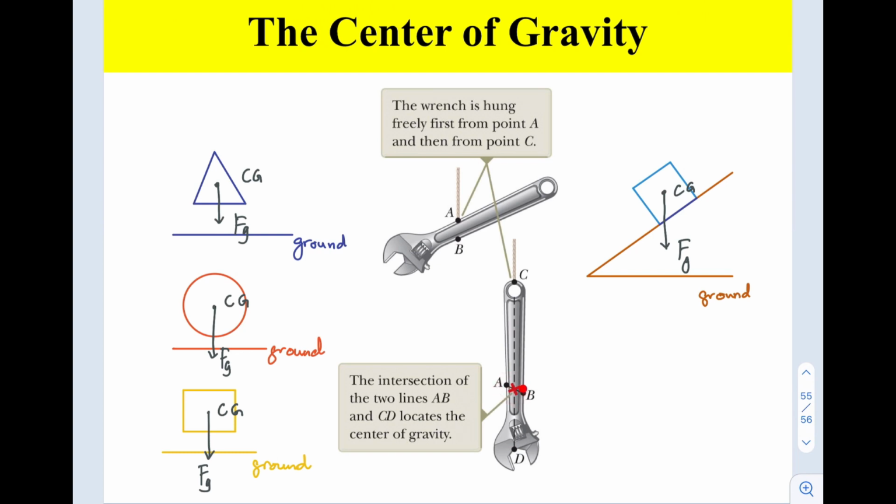You will see the intersection point between the reference line from A to B just now and C to D.